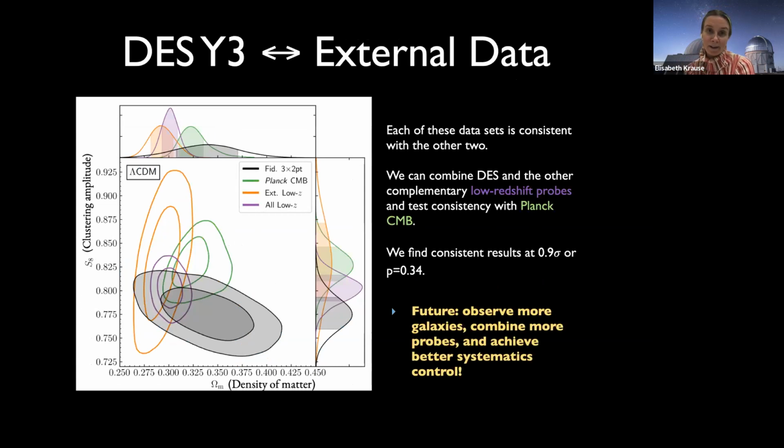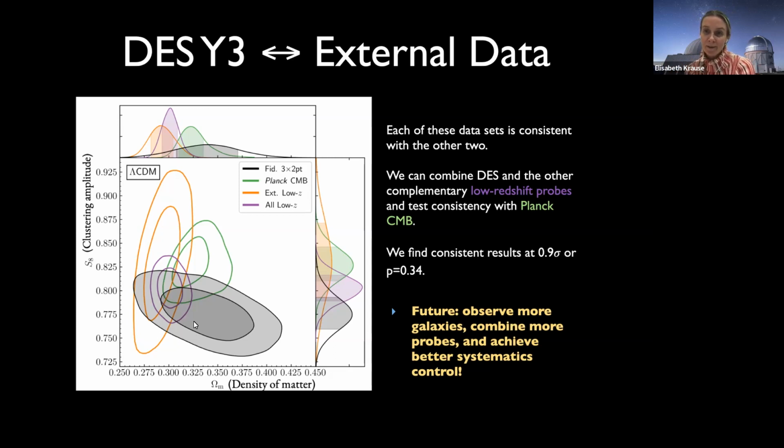Now, in the context of external data, I'm repeating the DES results here in black, and then in green, that's the Planck results reanalyzed in the DES parameter space, as well as other low redshift probes from BAO, redshift space distortions, and supernovae. And you can see that these are quite consistent.